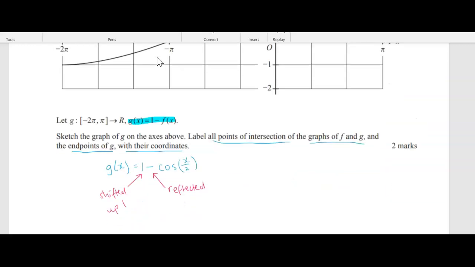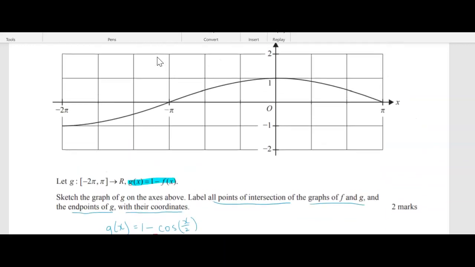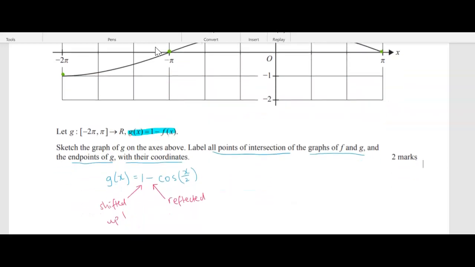All right, so with our points, what we can do is take the points. We've got this point here, this point here, which is quite easy to see, this point here, and this point here as well. Okay, so let's take the first point. We'll go from left to right. Actually, let's start with x and y.